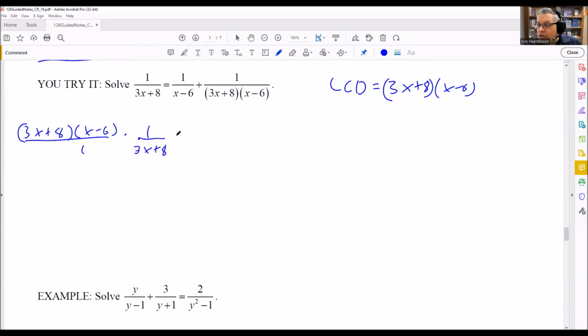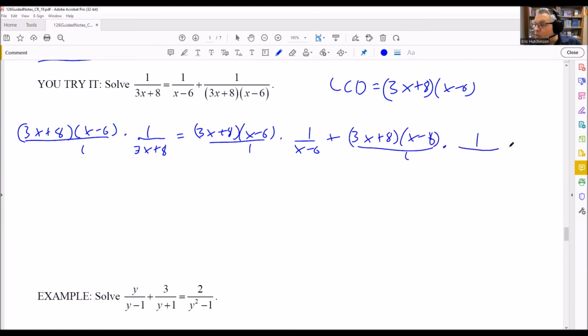We'll cancel in the next step. Next, we have 3x plus 8, x minus 6 all over 1, times 1 over x minus 6. And I'm going to do the same thing again, 3x plus 8, x minus 6 all over 1, times the last one, 1 over 3x plus 8 and x minus 6.